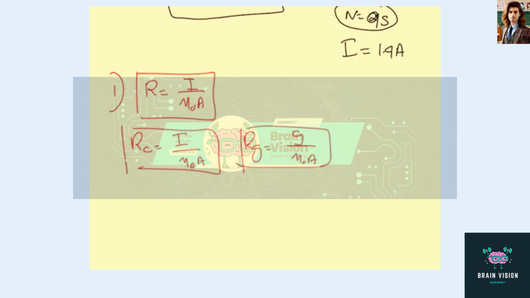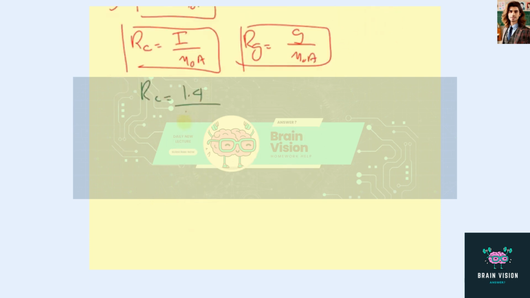So let's calculate that. R core will be equal to 1.4 divided by mu 0 times A, where mu 0 is equal to 4 pi times 10 to the power minus 7, times 3.5 centimeter square. So you will get 226,319 ampere per Weber.